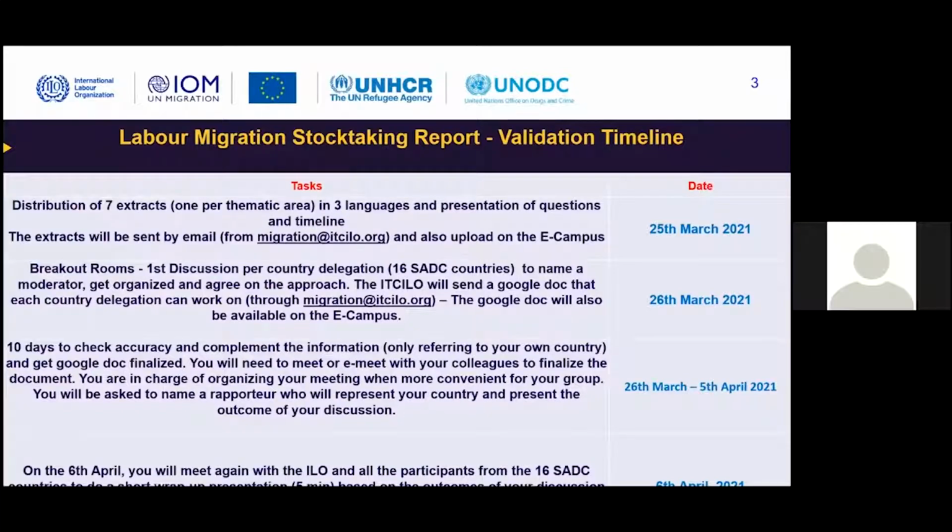During the 10 days after the 26th of March, you will have the time to check the accuracy of the information and complement if possible, but only please touch the information that refers to your country. So during those 10 days, you will get the Google Doc finalized.